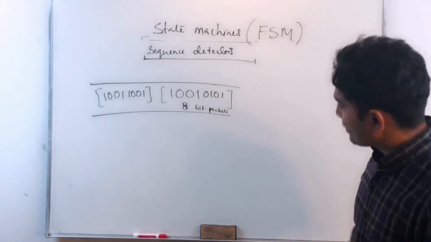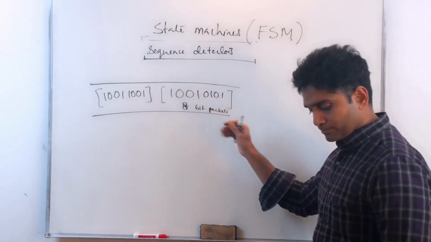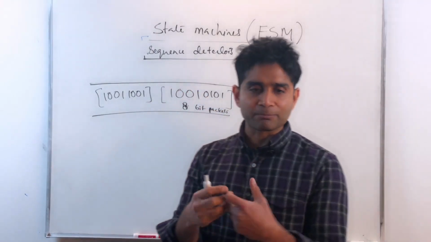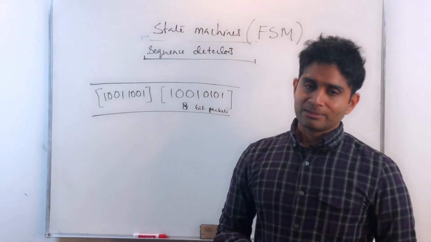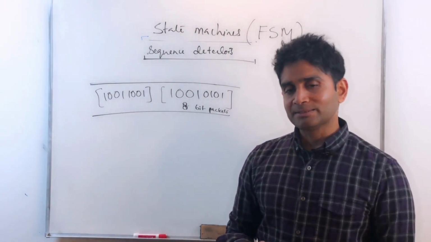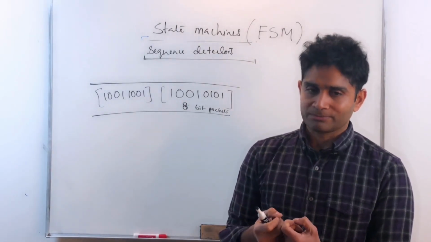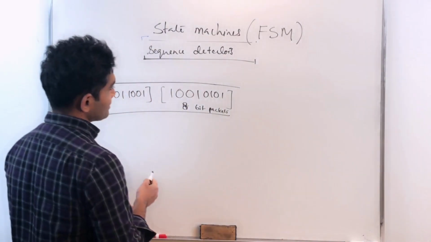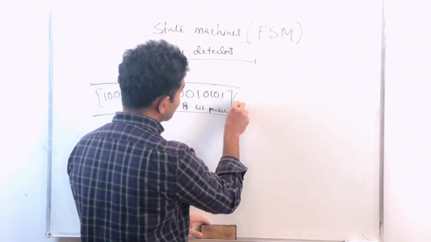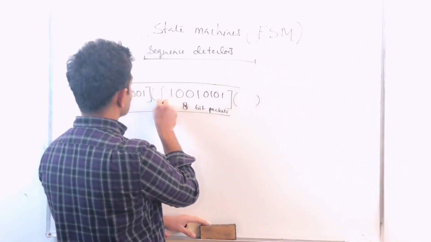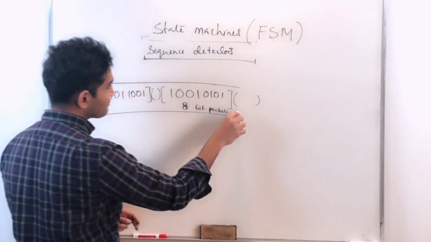Now, when we're trying to transmit this information, how do I distinguish between different packets? One way of doing that is to have a known sequence that we have appended to each packet, which signifies, okay, this is the start of the sequence.